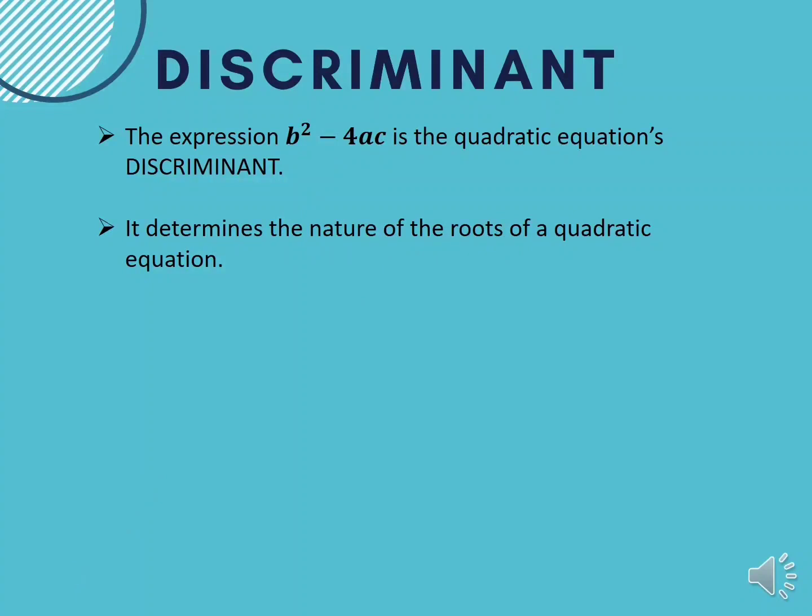So, what do we mean by nature of the roots? Ibig sabihin, nature, or how are we going to describe the roots? What kind of roots are we going to obtain after solving the given quadratic equation?